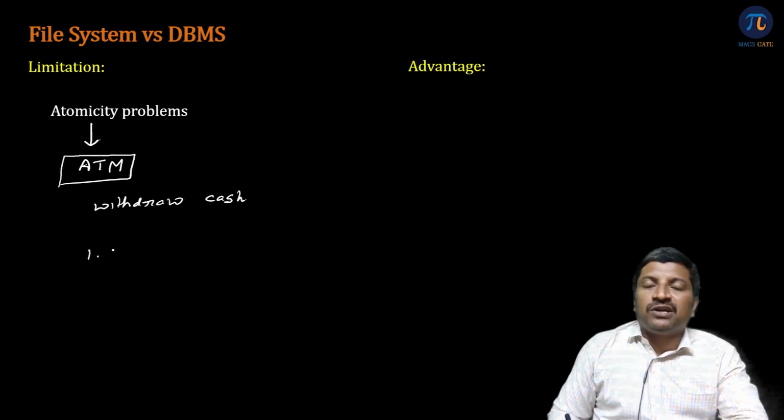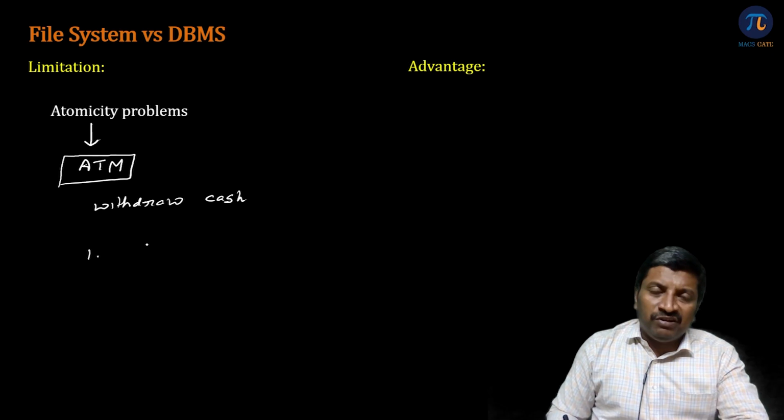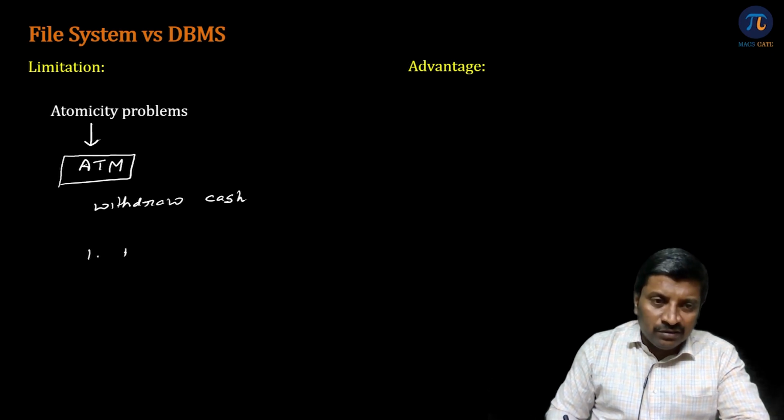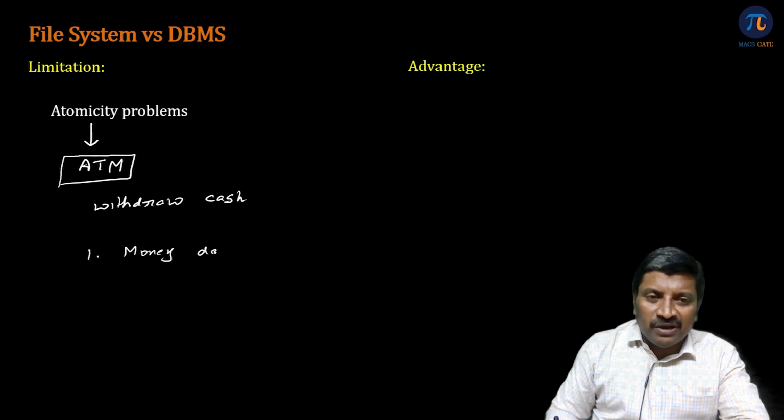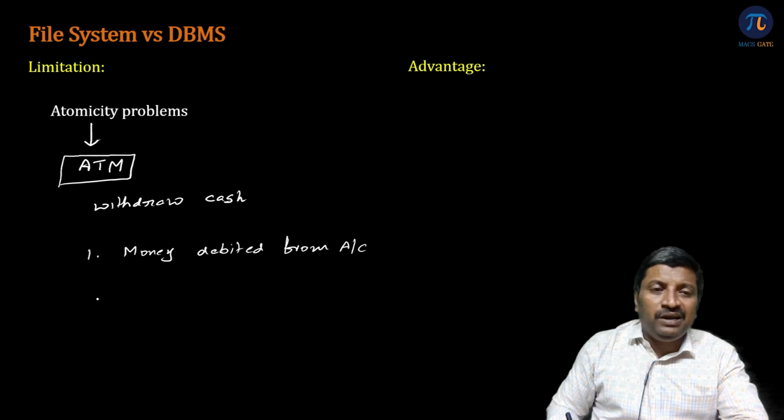When we insert the card in the ATM and enter the amount, the first step is that it will verify the balance of my account. If I have sufficient balance, money will be debited from my account. Then cash will be dispensed.